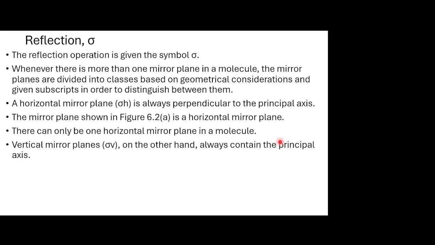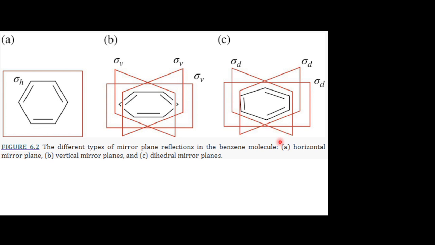Can anybody tell me a molecule that could go to infinity for number of planes through it? What if I had a straight line? How many planes go through this? That would give you mirror images. Infinite, right? So if you get a simple enough structure, you can get a tremendous number of these.